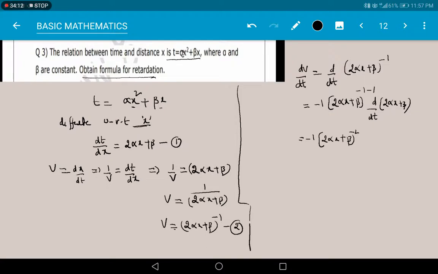Now let us differentiate this with respect to time. 2 alpha is constant because alpha and beta are constants. Therefore dx by dt we can write, and d by dt of a constant is 0. Therefore minus (2 alpha x plus beta) power minus 2, 2 alpha into dx by dt, which we can write as v.